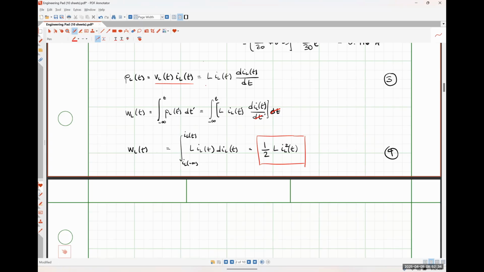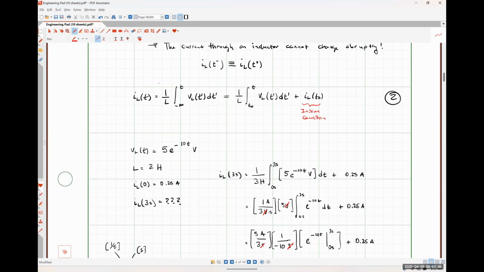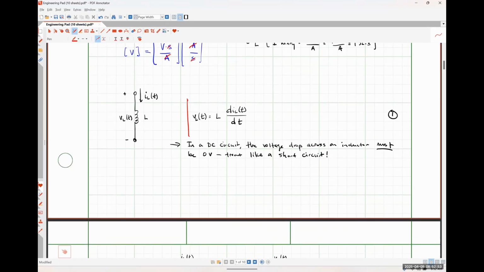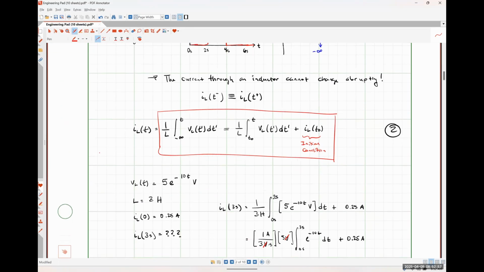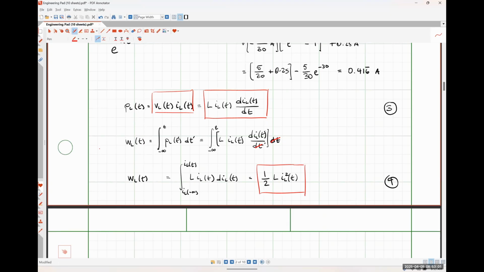Let me just go through and box all of these important relationships. So these are the 4 equations that govern how inductors behave in a circuit.